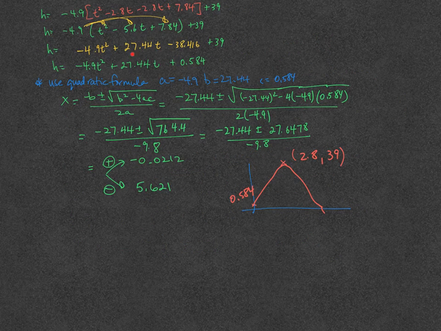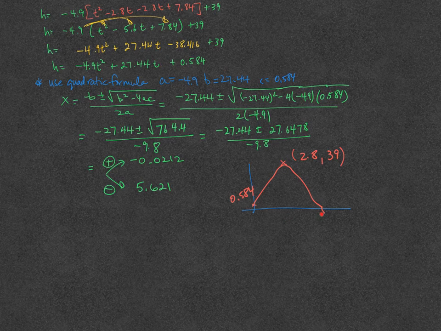Okay, so we rearranged into standard form. We use standard form and the a, b, c with the quadratic formula, plugging it in, solving that through, and I end up with negative 0.0212 and 5.621. Now I did a little sketch here. We know that our vertex is at 2.8 seconds with 39 meters, and that would be the axis of symmetry.